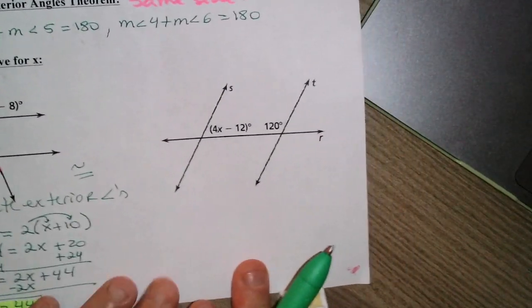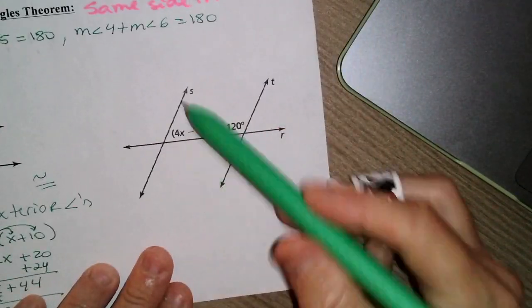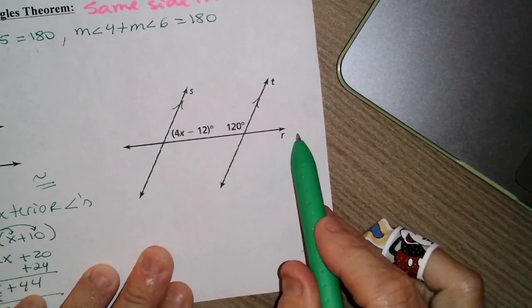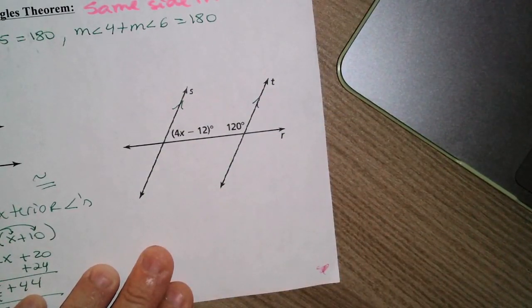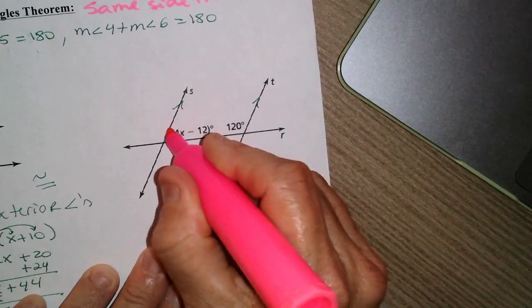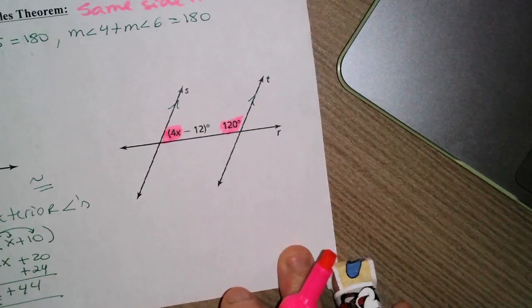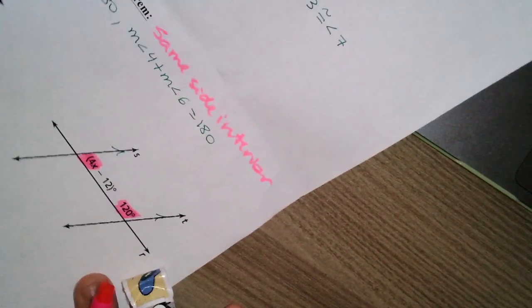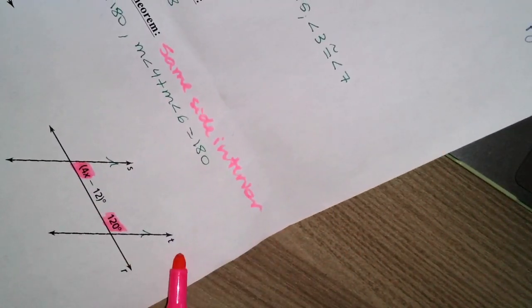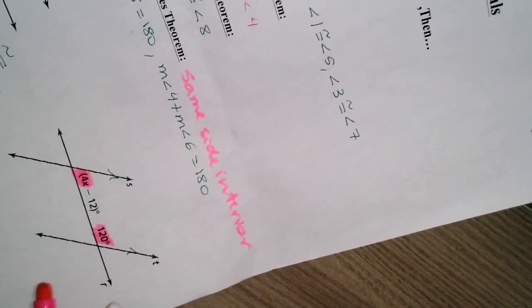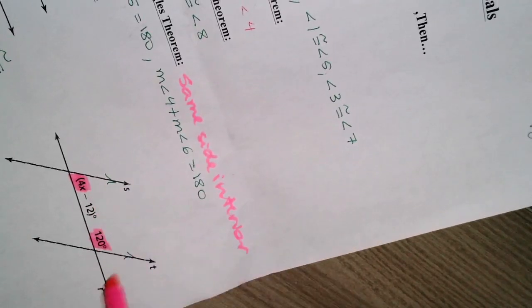All right, let's look at this other example now. Again, lines S and T are parallel, and this is the transversal. Don't let this fool you. Look at the angles, and if you need to, turn your paper so that the parallel lines are going this way and the transversal is going up and down, so you don't get confused.